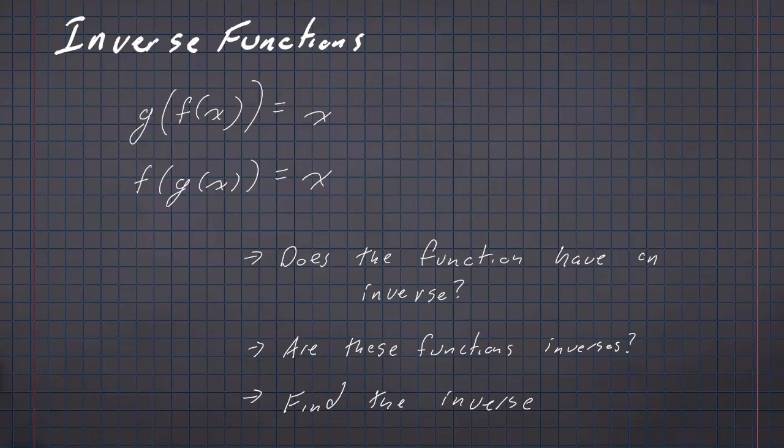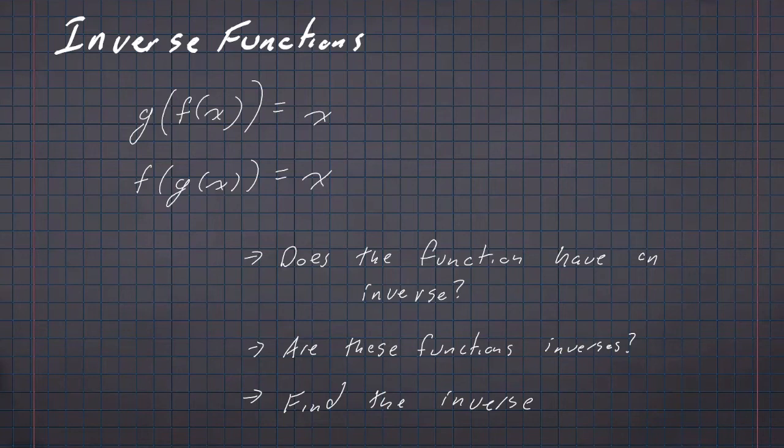So, breaking down this idea, there are 3 specific tasks that we can study. The first one, which is a little bit more abstract, but certainly very important: how do we know when a function does or does not have an inverse at all?